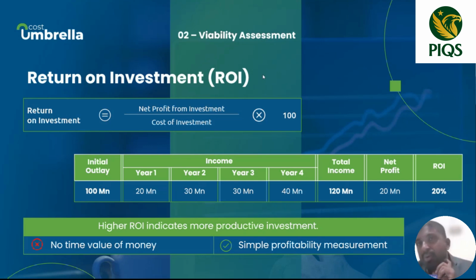Now you may have a question, right? Which ROI do we have to fix? Whether about 10, about 15, about 30, which is the correct ROI? This depends on the industry you are running. This depends on the risk aptitude you have. So remember, 20% ROI means good, maybe negative as well.